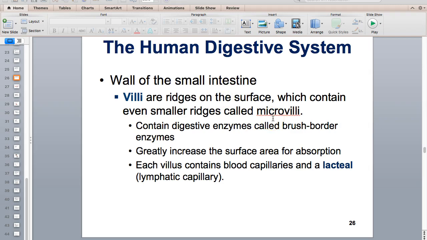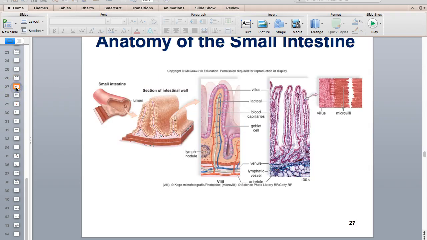If you think about the inside of the small intestine, you'll see there are these projections that increase that surface area, okay? And there are still digestive enzymes there as well. So you want to make sure all that digestion has occurred, and then you can start absorbing, okay? So again, the villi and the microvilli are modifications to the small intestine wall that increase the surface area, okay?